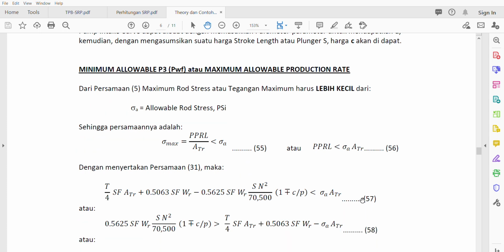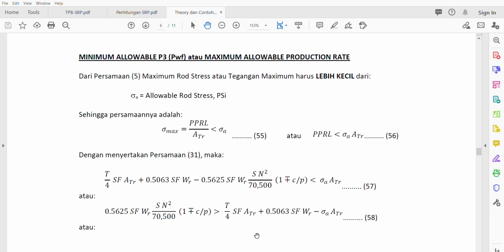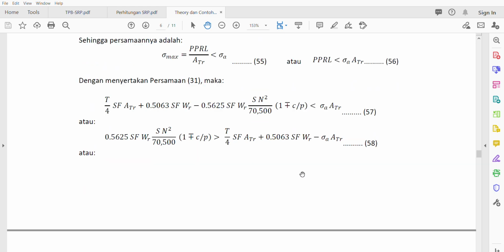PPRL is the long equation here, this whole equation, and if we rearrange everything, this equation going to the right, and this equation going here, we end up with this whole equation being larger than this whole equation with a minus.